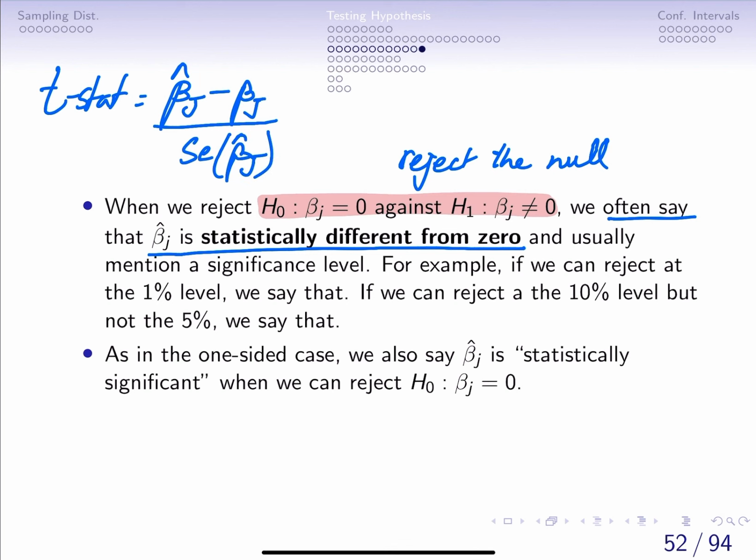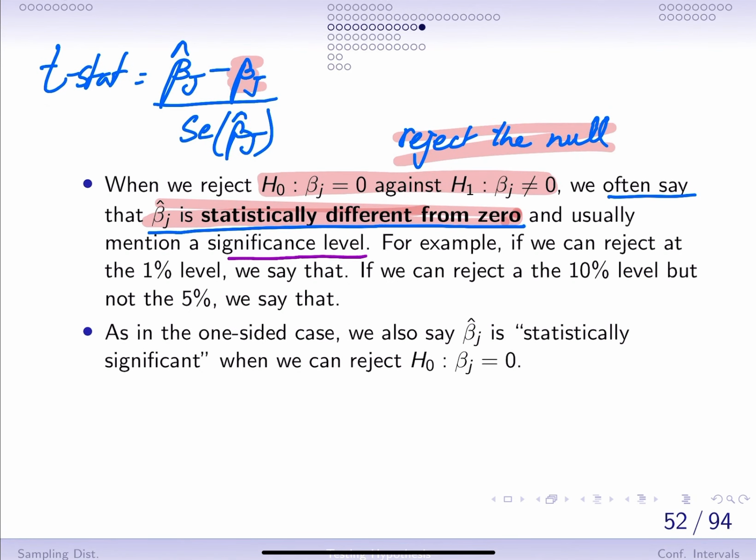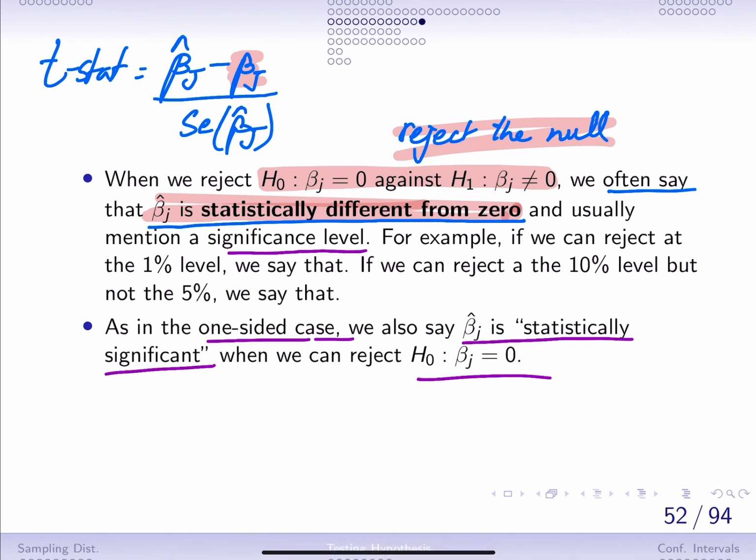So since this is 0 for us, this is saying that beta hat j is statistically different from 0 if we have rejected the null, okay? And we would usually mention at what significance level we are talking about. Okay, and in the one-sided case, we say beta hat j is statistically significant when we can reject this.